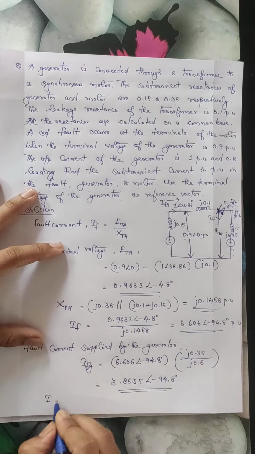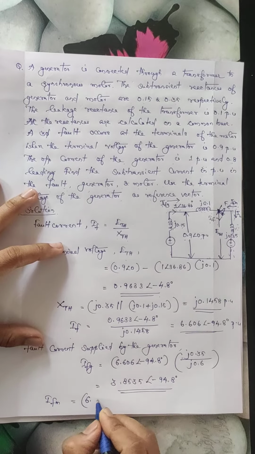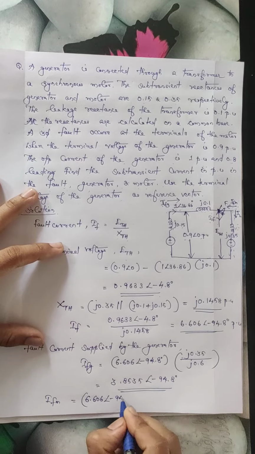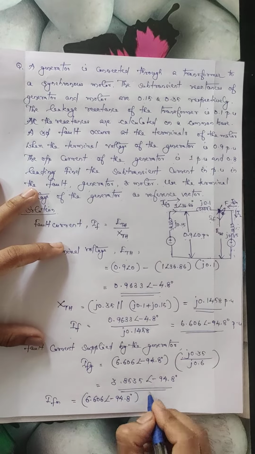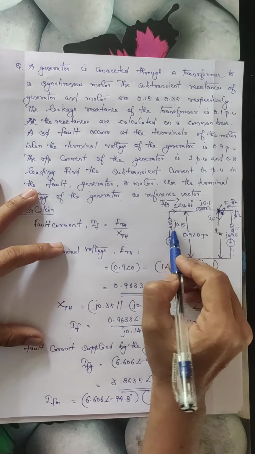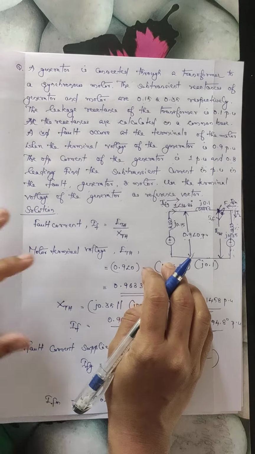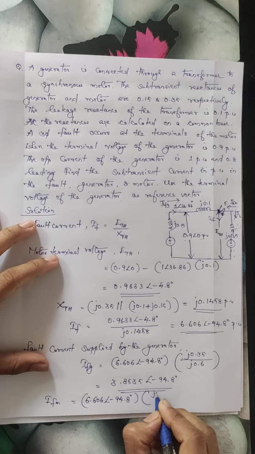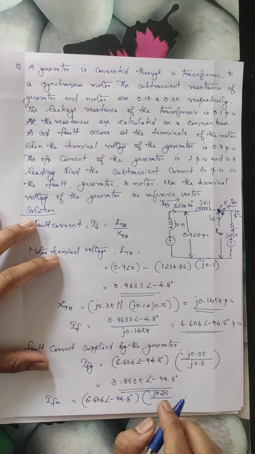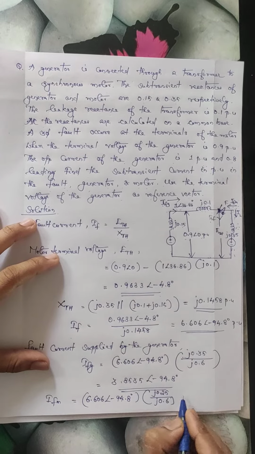So IFM, fault current supplied by motor, will be equal to total fault current, that is 6.606 angle minus 94.8 degree, into opposite branch reactances j0.1 plus j0.15, that is j0.25, divided by sum of reactances, that is j0.6.